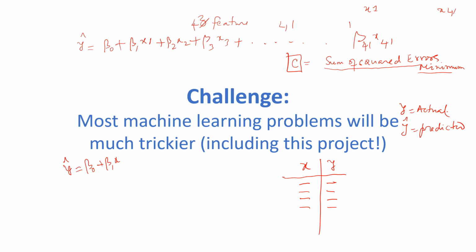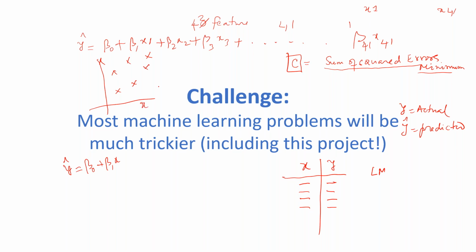Now I gave this data to my simple linear regression algorithm, and let's say it stopped at a particular line. I have data like this. These are the data points here. I gave this data set of x and y.